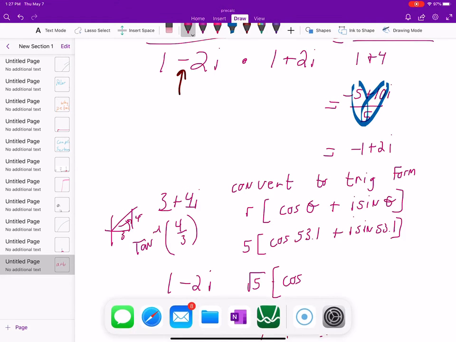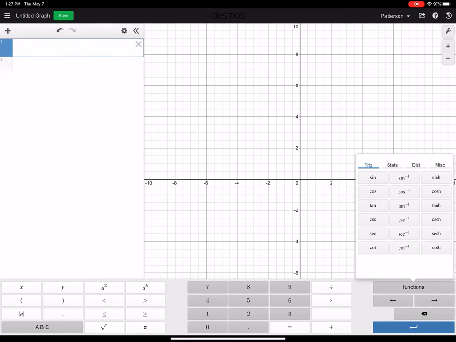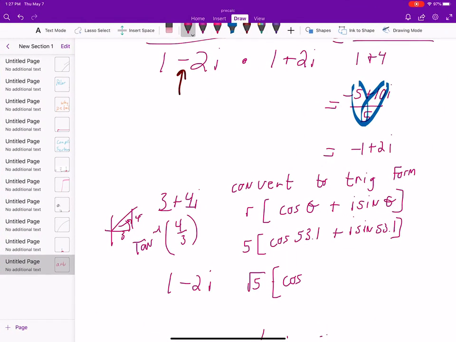I'm going to go back to the decimal, so I need inverse tan of negative 2 over 1, and I get negative 63. Okay, so let's scooch back to this now. This one, since I do have a negative, I'm going to draw it out.